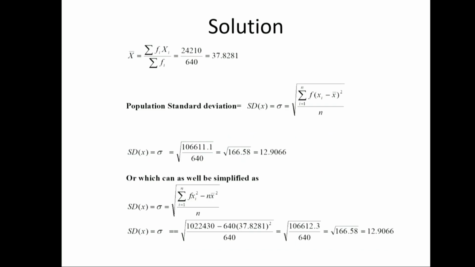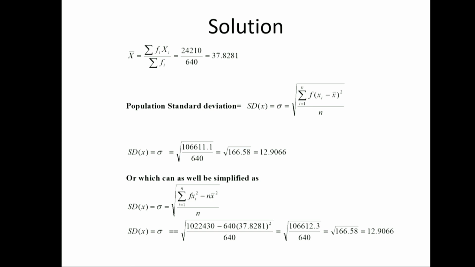As you all know, the first thing to do is to obtain the mean. The mean will now be 24210 divided by 640. The average score for that particular exam was 37.82, which is too bad. That's a mass failure. It's not even up to 40. So God will help us.